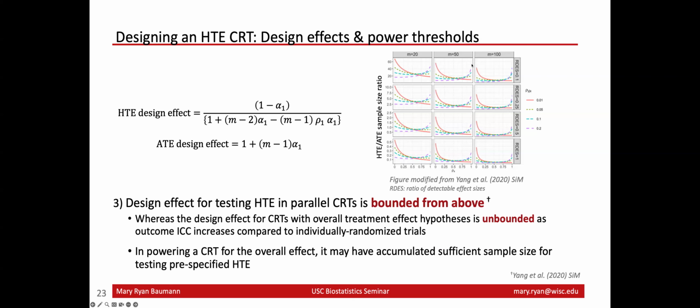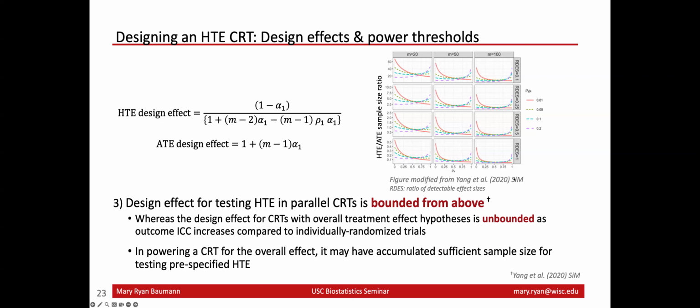And we see that over here with this figure from Yang et al., where a lot of times these curves can be quite flat when it comes to the ratio of the HTE and the ATE sample size. It depends on what your outcome and covariate ICCs are. But when you are looking at effect sizes that are fairly comparable, you actually won't need to boost your sample size very much.